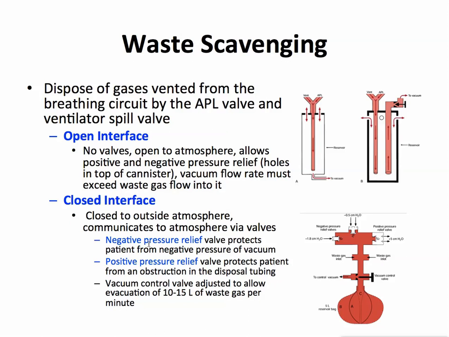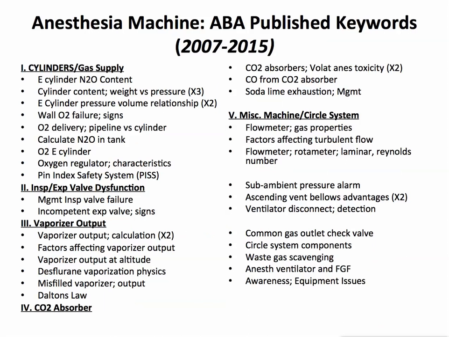While the positive pressure relief valve protects the patient from an obstruction in the disposal tubing. The patient's trying to exhale. If pressure built up, it could pop off this positive pressure valve and protect the patient from, for example, barotrauma. And then the vacuum control valve is adjusted to allow the evacuation of about 10 to 15 liters of gas per minute.